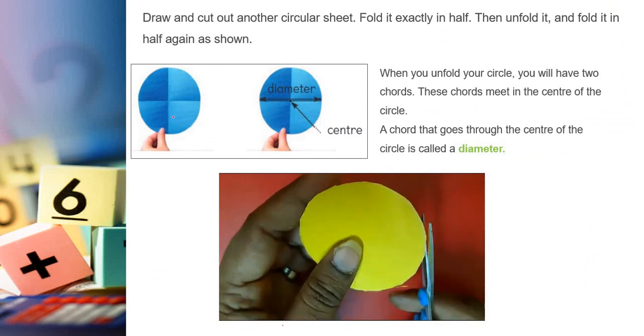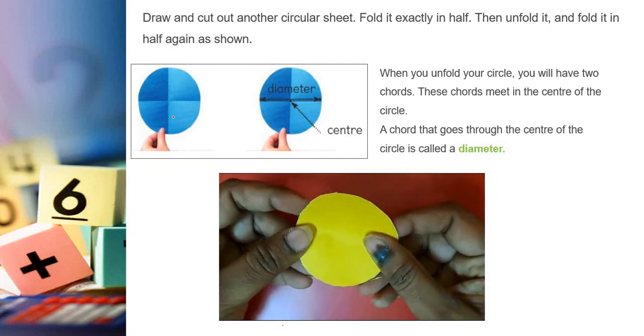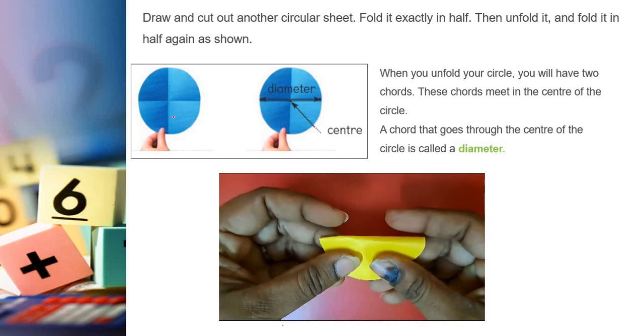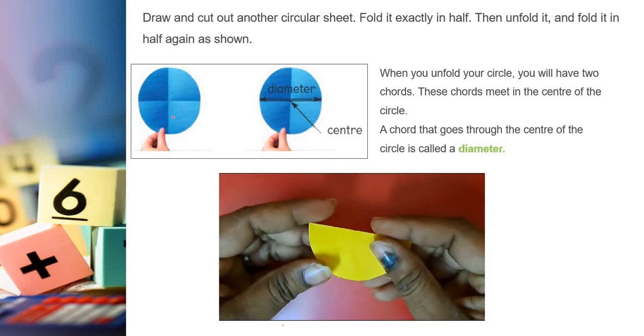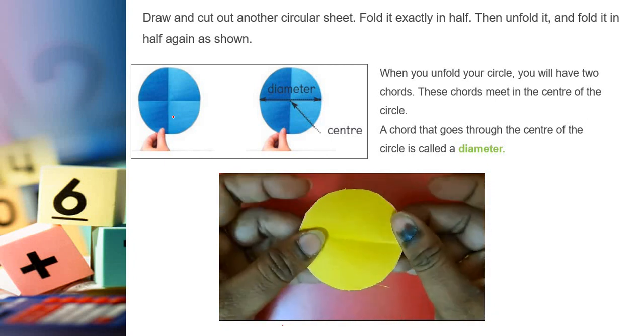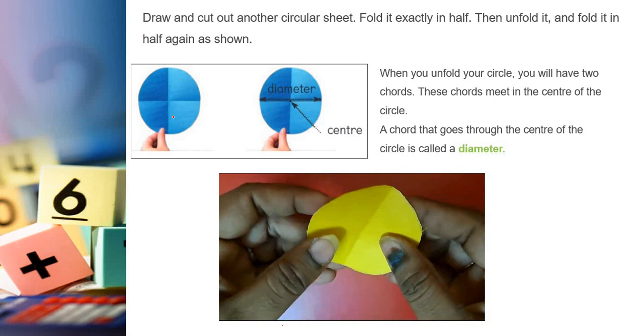Draw and cut out another circular sheet. Fold it exactly in half. Then unfold it and fold it in half again as shown.